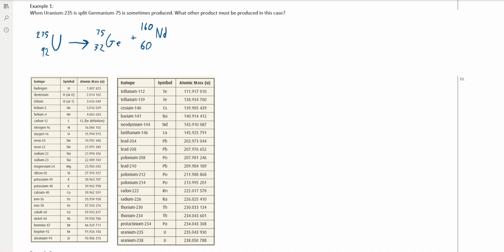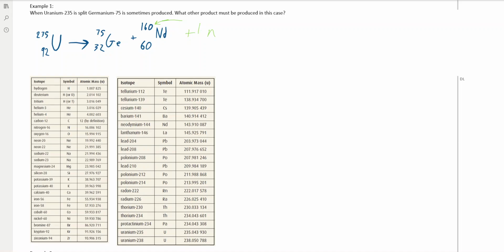But the reason why it doesn't make sense is because this atomic mass up here is way too high. So probably there's a bunch of neutrons that are also being released. I don't know, 10 neutrons or something.